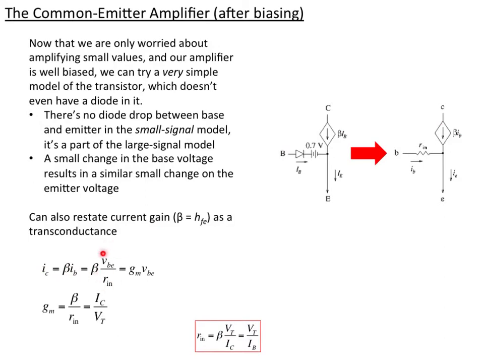That's the same as the base-emitter voltage changing over the resistance. And then we combine the beta and the 1 over r pi to give a transconductance. 1 over R gives a conductance, and because it's in a different place, it's the transconductance gm. So by definition, that's beta over r pi, or IC over Vt.